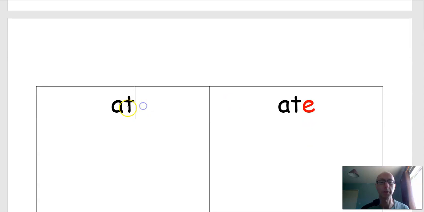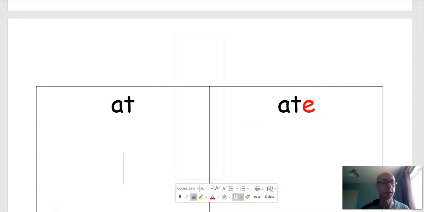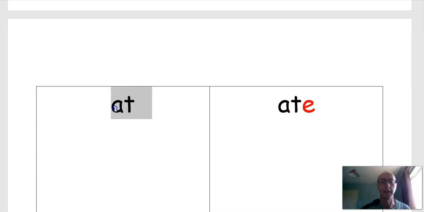Here we have the same words, but just with the E. This is at, but when we put the E on, the A changes to A, and the word is ate. At, ate. Let's look at the next one.